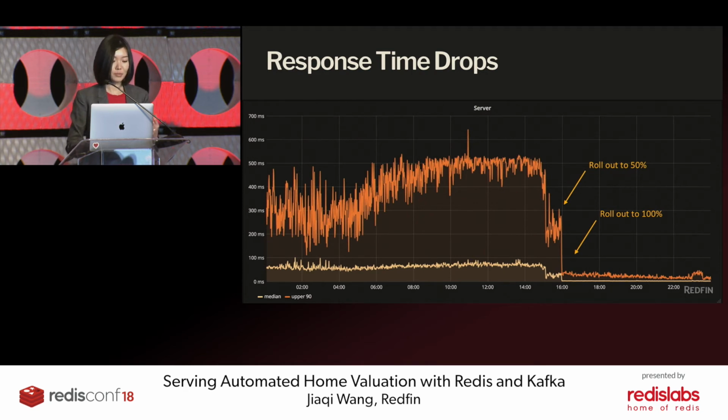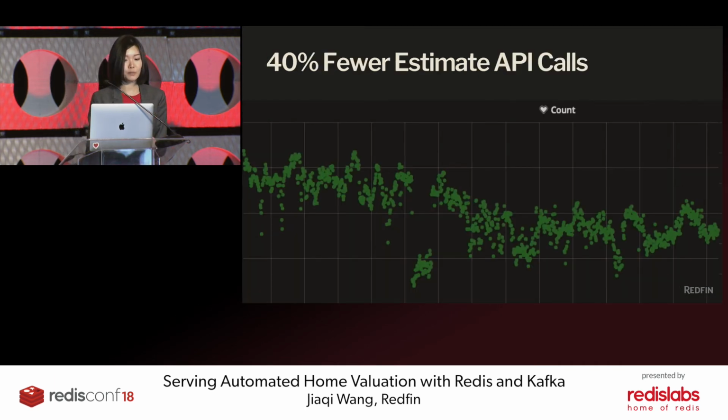The orange line is the P90, and the yellow line is the median. As you can see, towards the end of the graph, the yellow line dropped almost down to 0. We also observed 40% fewer estimate API calls for the batch API calls, which means on top of the other 45%, we're saving another 40%.